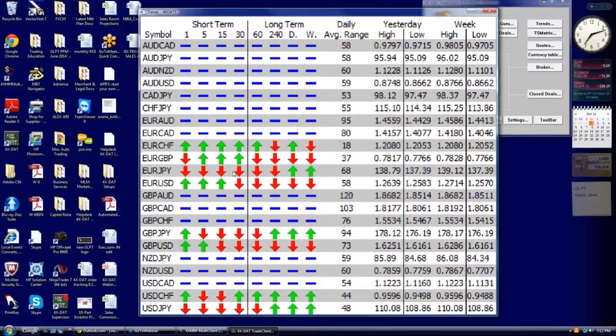We see that for the most part, short term, the market is going down. Similarly, on the 60-minute and 240-minute time frames, the market is going down, and on the daily and weekly, it still is trying to go up. So there appears to be a fairly major reversal in this market.